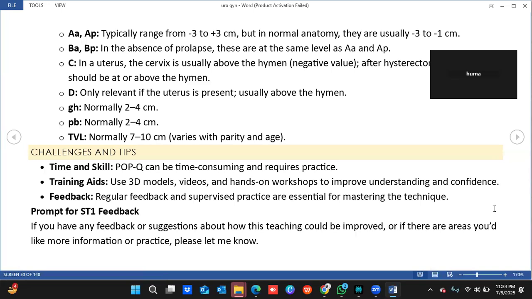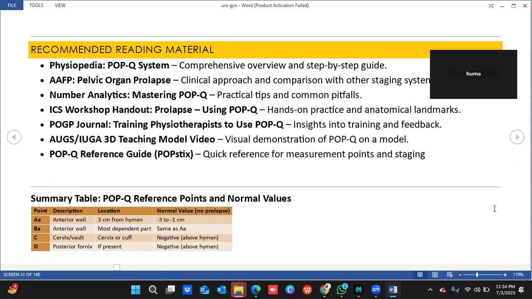Right. How was the session, and how could the teaching be improved? If there are areas you would like more information or practice on, please let me know. These are the recommendations: I will provide the video links of this POPQ classification, and there is also the CPC hands-on workshop.